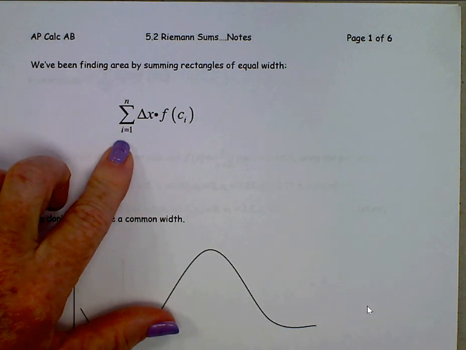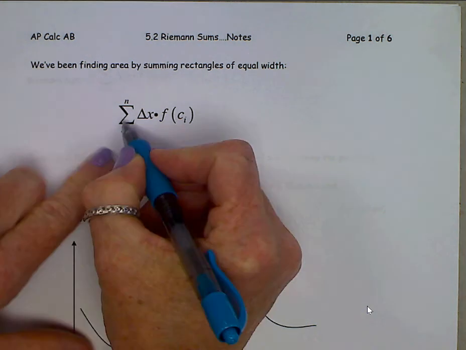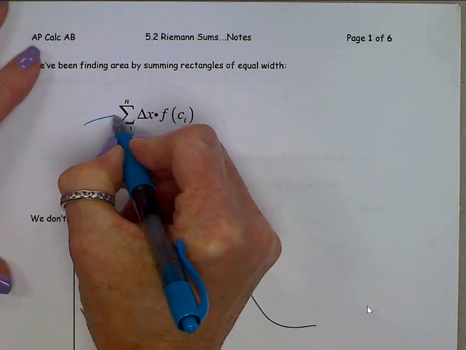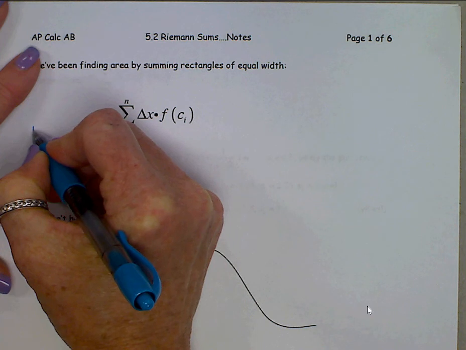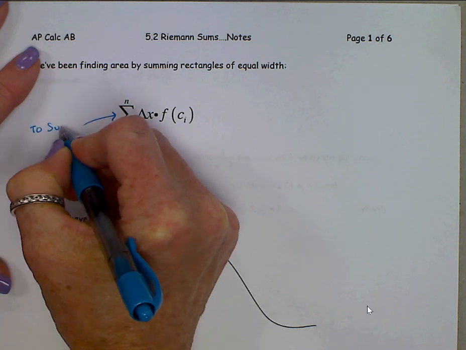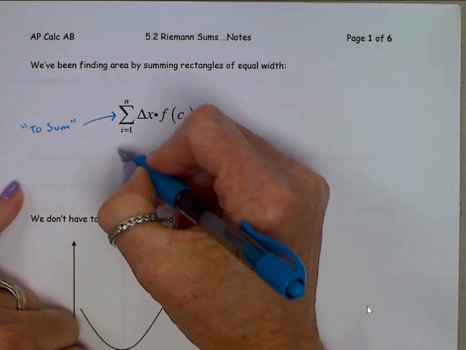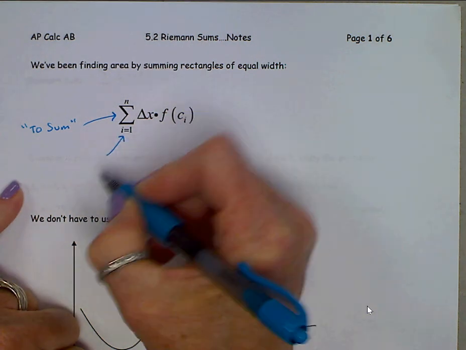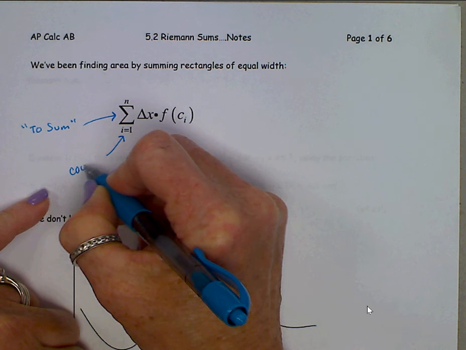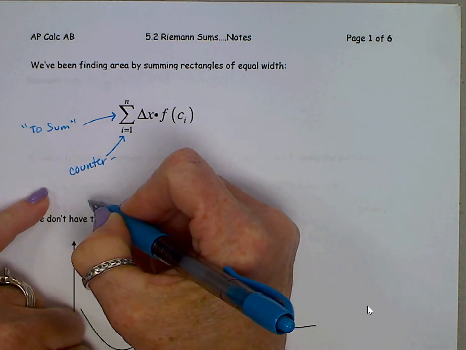And to remember your pre-calculus, remember this sigma symbol, which means to sum. It tells you to add up a bunch of things. This i equals 1 is a counter, and it tells you where to start.